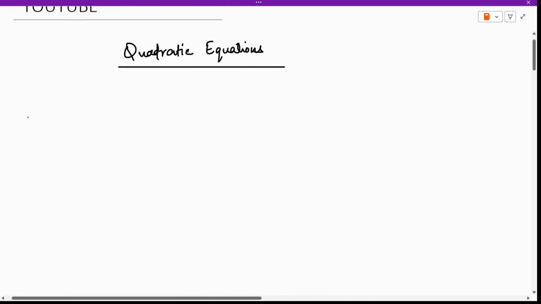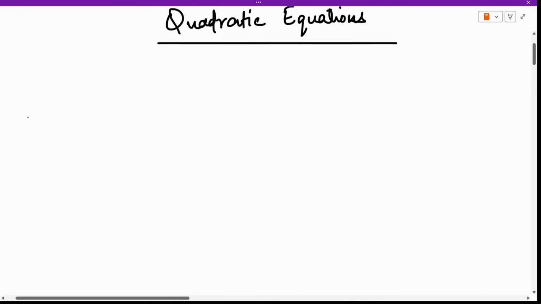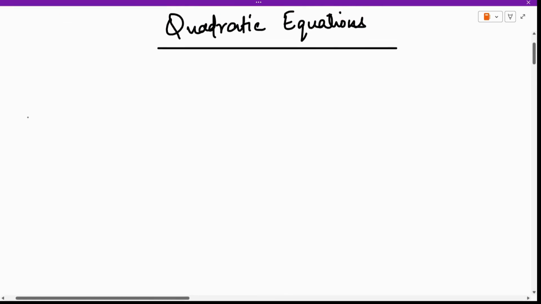Now, before I start with quadratic equations, let's first discuss what is an equation. So, equation is any expression. Okay, so ax square plus bx plus c.